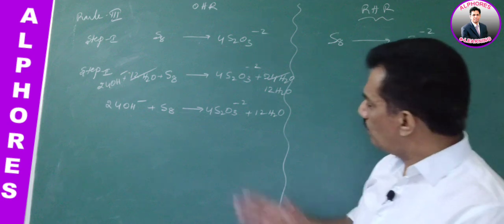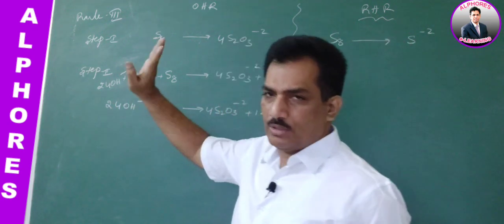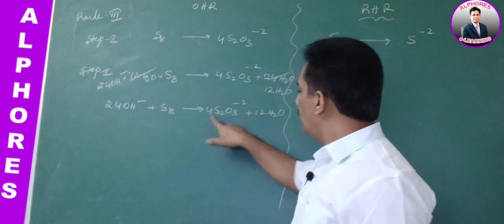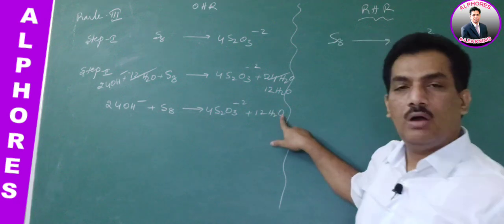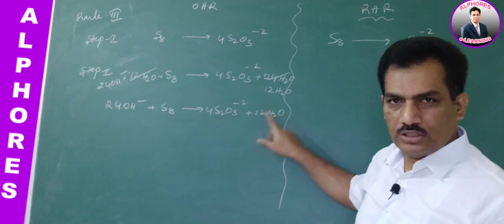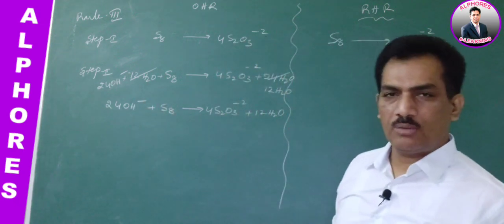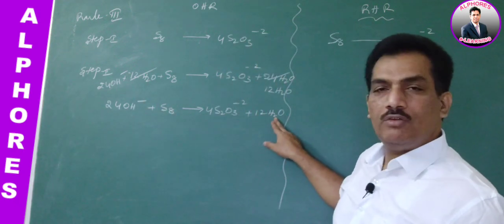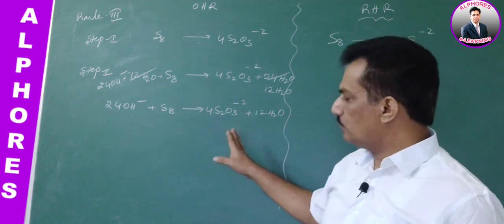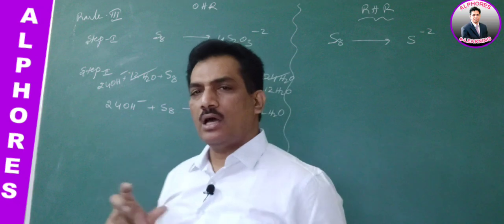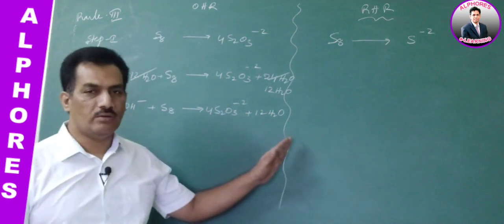So let us observe: here 24 oxygens and 24 hydrogens are present. On this side, 4 into 3, 12 oxygens, and 12 more oxygens, total 24 oxygens, balanced. And hydrogens: here 24 hydrogens are present, and this side 12 into 2, 24 hydrogens present. So with the 3-step logic approach, we are successfully balancing oxygen and hydrogen without any doubt.